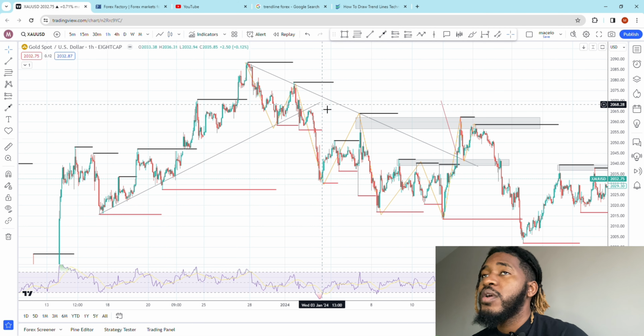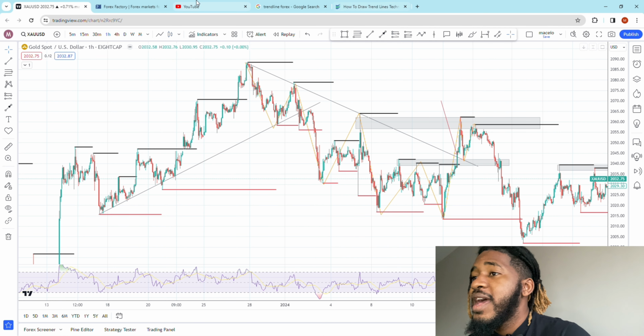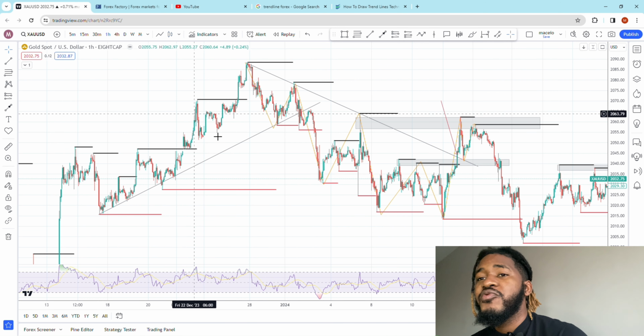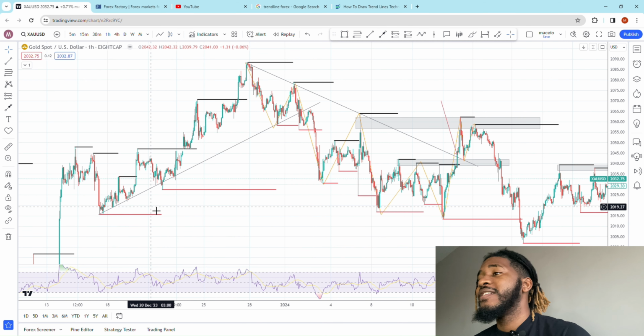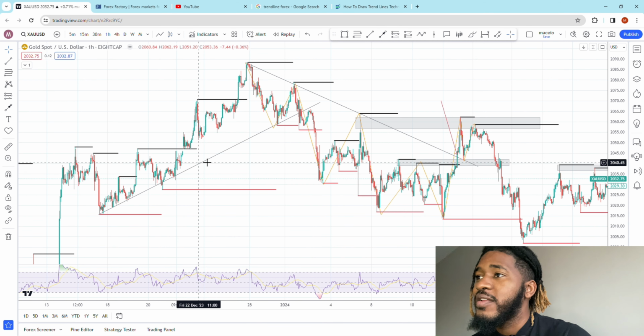You have to understand a trend line. A trend line is what it says it is. It's a line that identifies a trend. So if I'm making higher highs, higher lows, higher highs, higher lows, I'm in an uptrend. So I now have a trend to identify and to give me clarity that I'm in an uptrend.